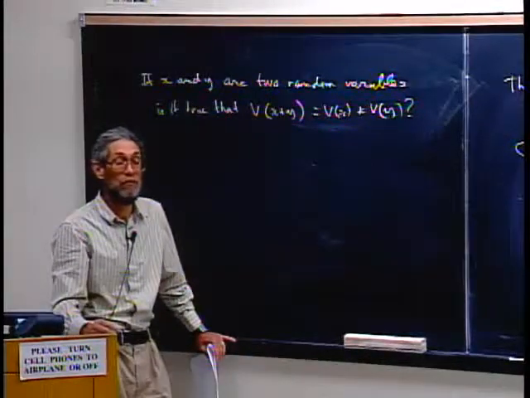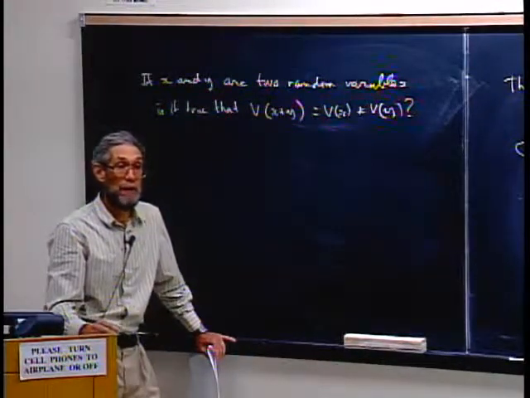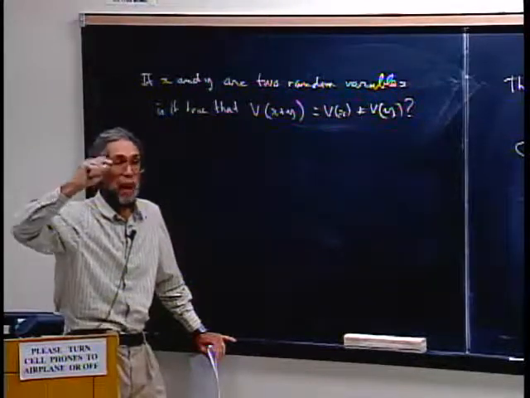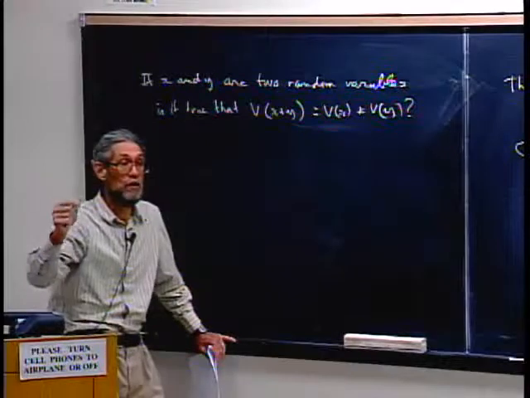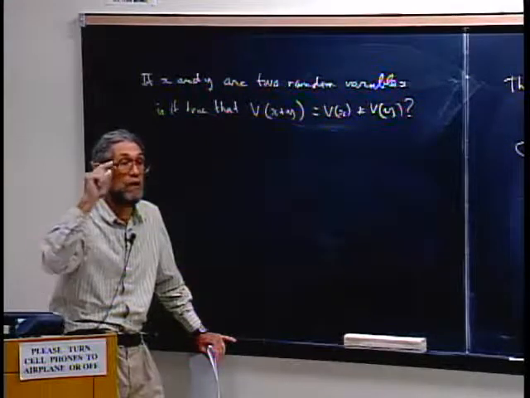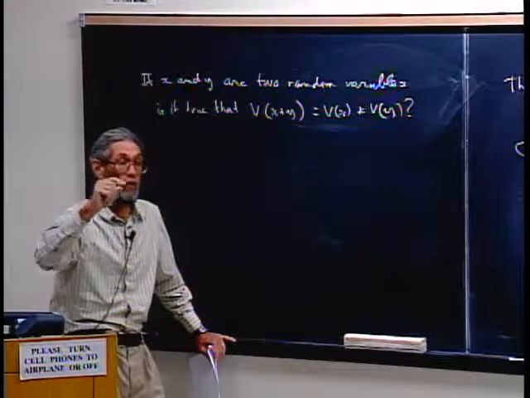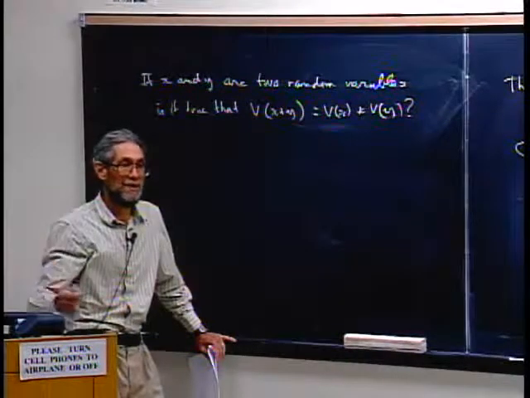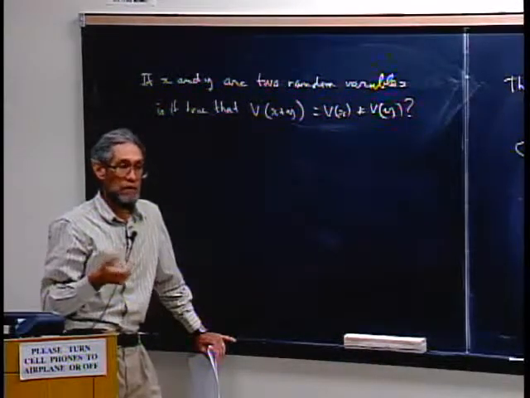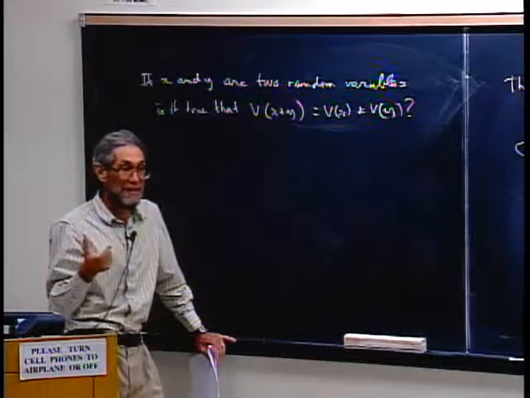A simple example of it not being true is suppose I make the two numbers x and y, I put them on each die face. I make x go 1, 2, 3, 4, 5, 6, and y go 6, 5, 4, 3, 2, 1. Then the sum of x and y is always 7.